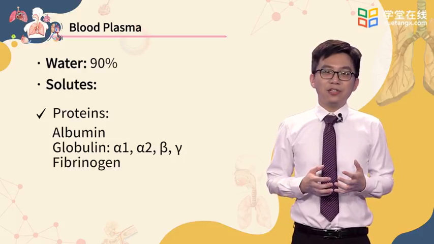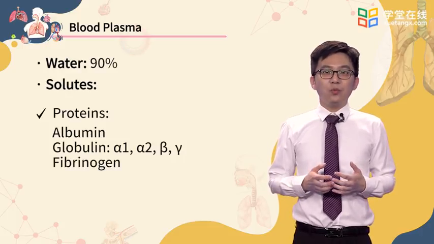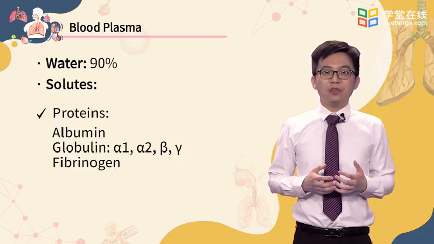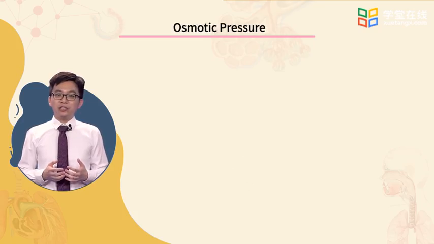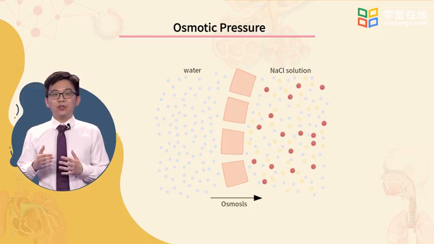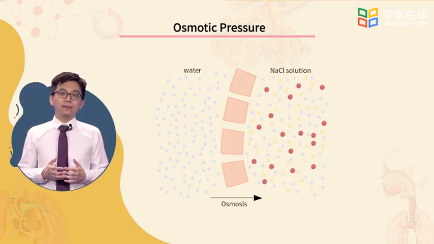Lastly, fibrinogen and other related proteins are vital to forming blood clots and achieving hemostasis. The osmotic pressure we mention here is the tendency of water to move into the blood cell by osmosis.